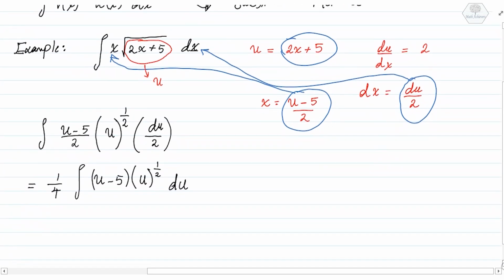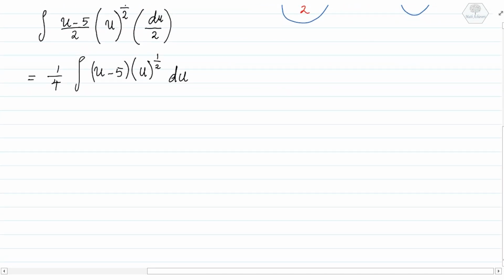Let's continue. This is equal to 1 over 4 times the integral of u times u to the power of half, which is u to the power of 3 over 2, minus 5 times u to the power of half du.